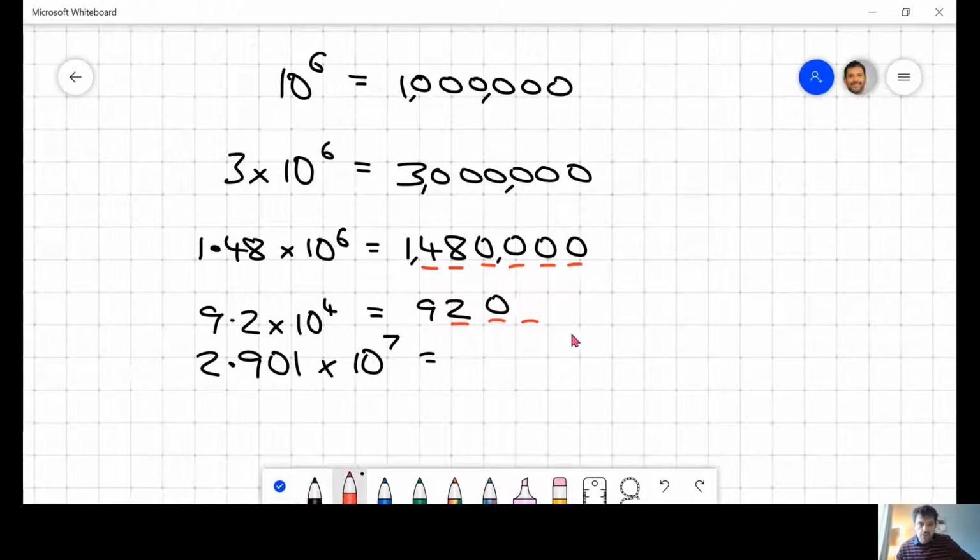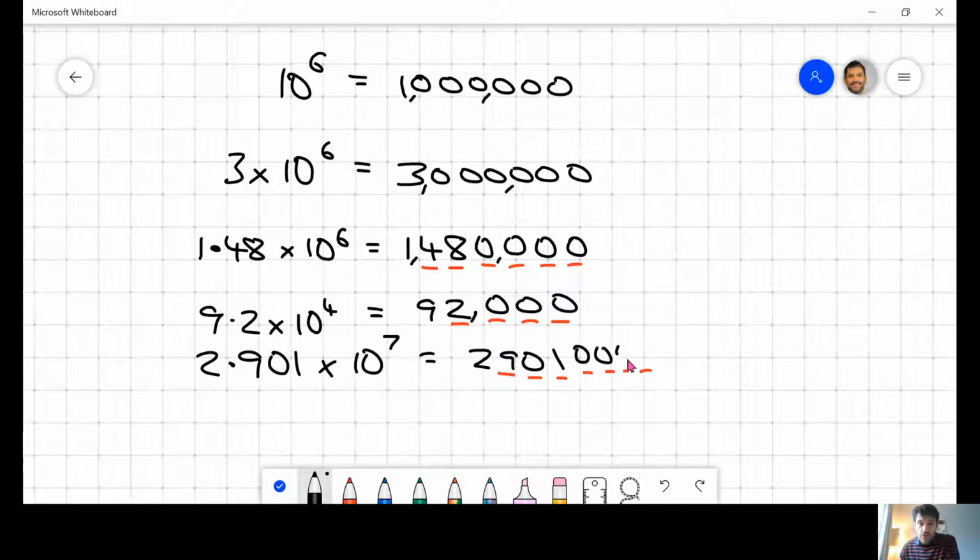So, oops, I stopped a bit early there, didn't I? We need 4, so it is 92,000. And this one we're going to put 2901, and then we need 7 digits in total after the 2, but we've already got 3. 1, 2, 3, 4. So there's 1, 2, 3, 4 digits after this one. So that is going to be hopefully 29 million.